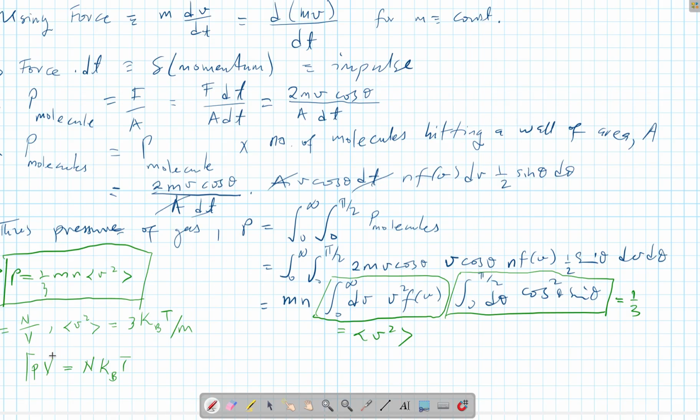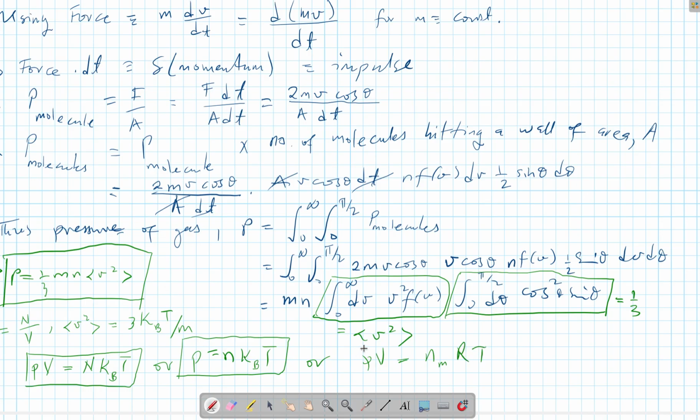So this is another form of the formula for pressure, or one can write it as P is equal to n kBT, or PV is equal to n_m RT.